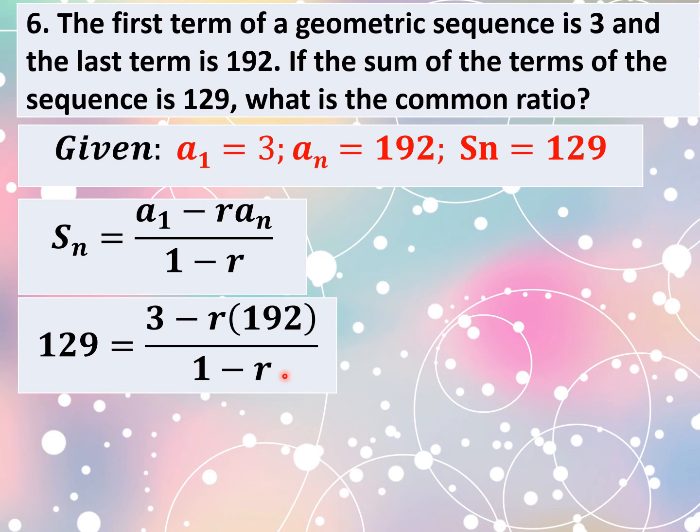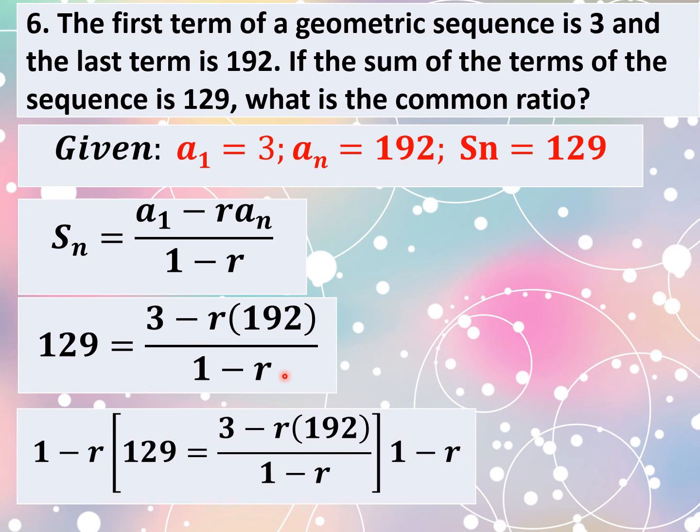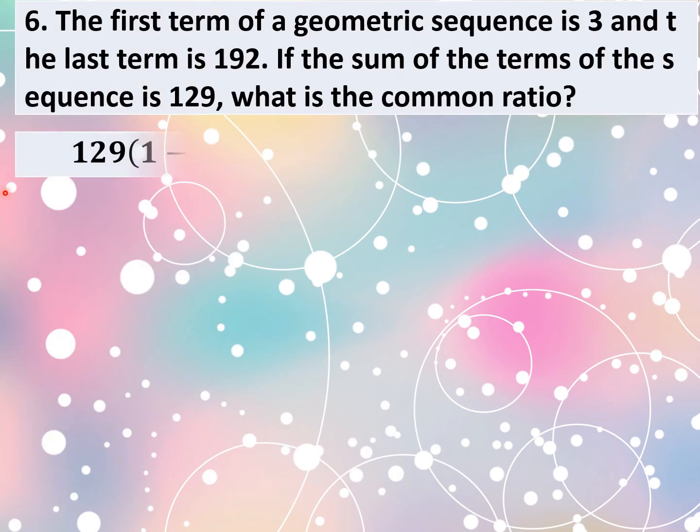So, yung una nating gagawin is multiply both sides by 1 minus r para matanggal yung 1 minus r dito. Makakancel na siya yung 1 minus r. And then, dito sa left side, madidistribute na natin yung 129 sa 1 minus r. 129 times 1 minus r is equal to 3 minus r times 192.